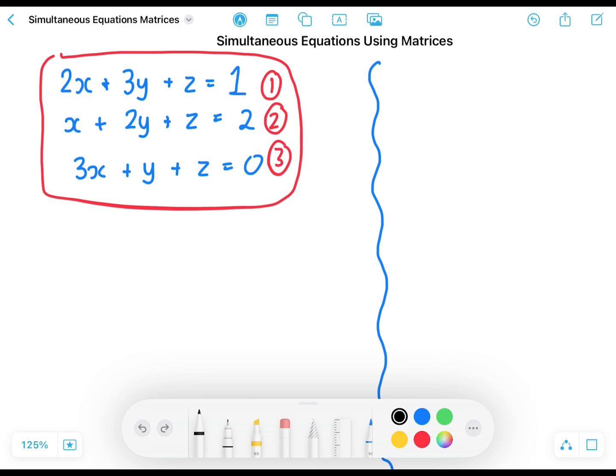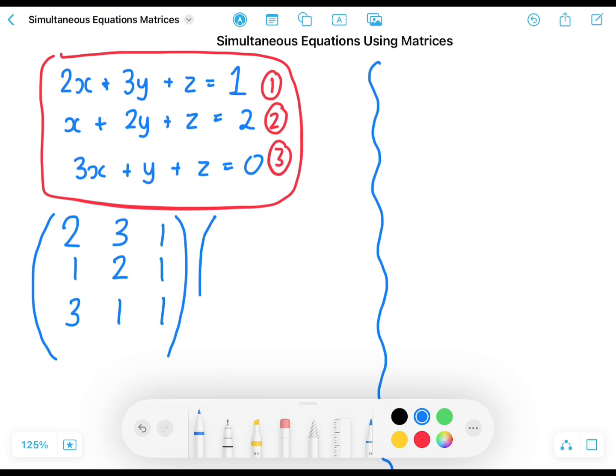So I've got an example here where we have 3 equations straight away, and the first step I'm going to do is to rewrite them in the form of matrices. So what I mean by that is like this, with the different variables. So I'm copying the coefficients of x, y, and z into a separate matrix.